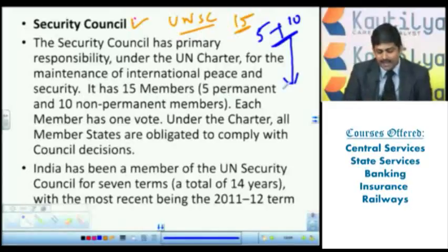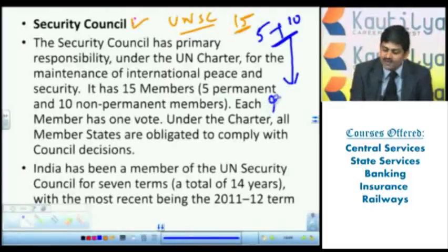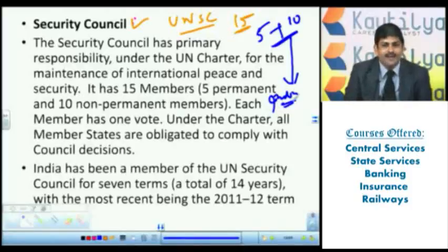So far, India has been a member of the United Nations Security Council for 7 terms. That means 14 years India was a member of this organization. India is demanding a permanent seat in the United Nations Security Council. In order to gain the support of the world's nations, Indian Prime Minister Narendra Modi has been visiting many countries. He has almost secured the support of all the nations across the world.